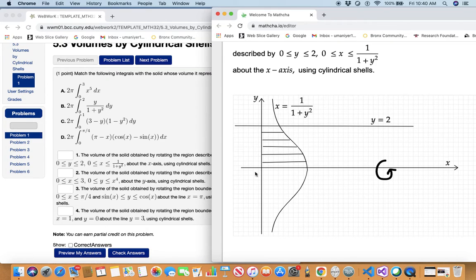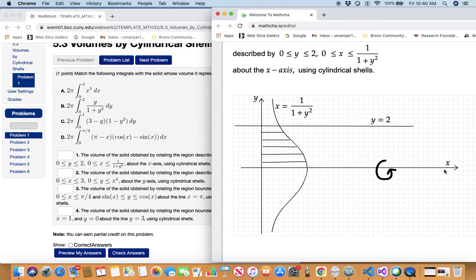Y equals 0 is the x-axis. Y equals 2 is this horizontal line. So you want the region bounded by these 4 things. Curve, line, line, line. So that's the region. And you want to rotate this region about the x-axis.